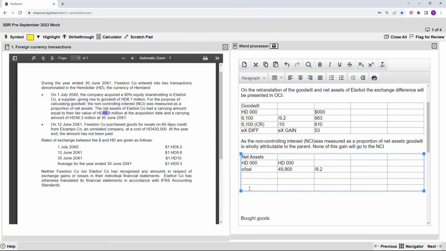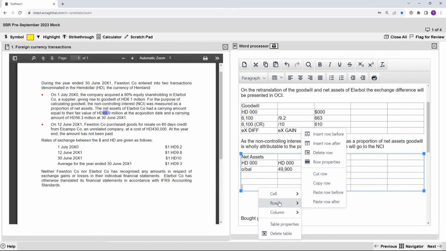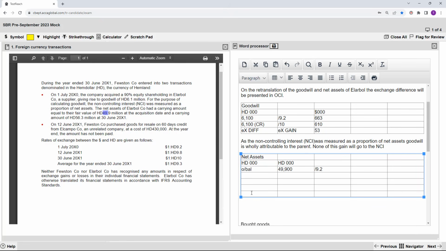Whereas at the end of the day, their net assets are a bigger figure, and they will be translated at the closing rate. The closing balance of those net assets is given to me in the question at 53.6.